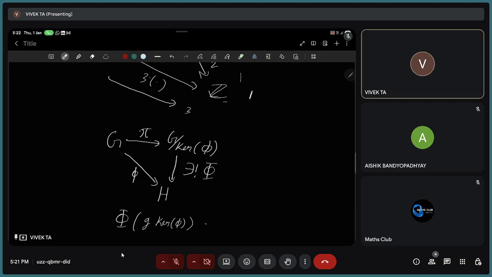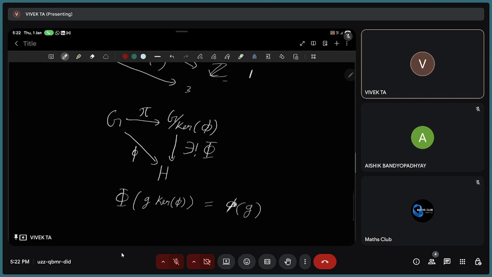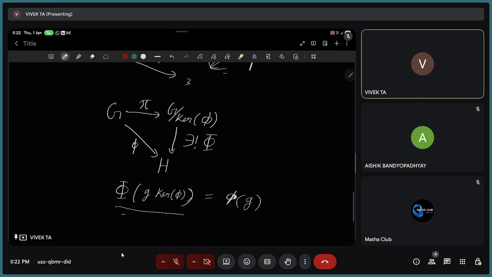This is coset notation. This equals phi of G. That's the wrong notation. So this is a commutative diagram because this is essentially equal to phi composed with the projection map on G.